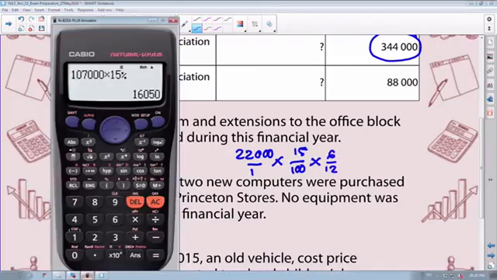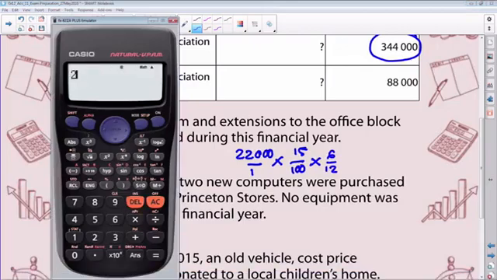Okay, let's do that. So we've got 22,000. That was the new equipment that we purchased, times 15 would be equal to 3,300 for the year.